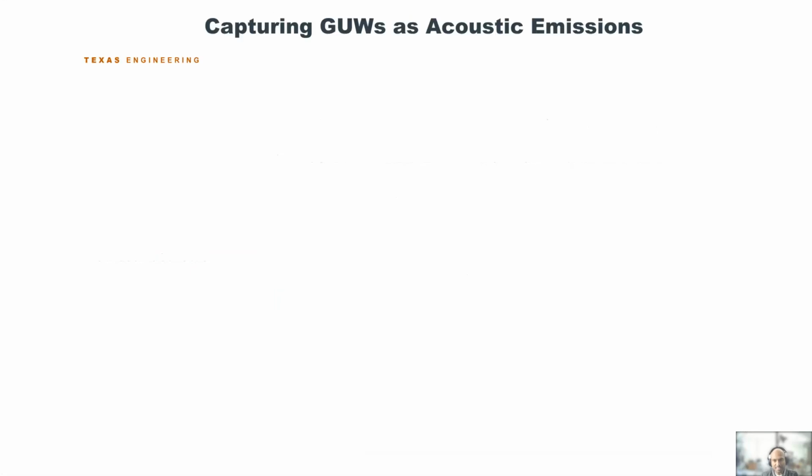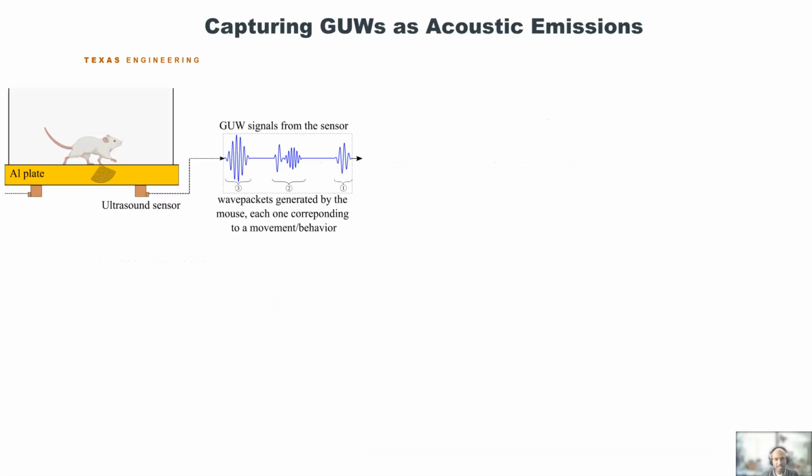And the other point I want to emphasize is, in this schematic shown here, the mouse moves around the open field and plays on the plate, and the sensors keep detecting these wave packets continuously. Say there are three wave packets arising from three behaviors.